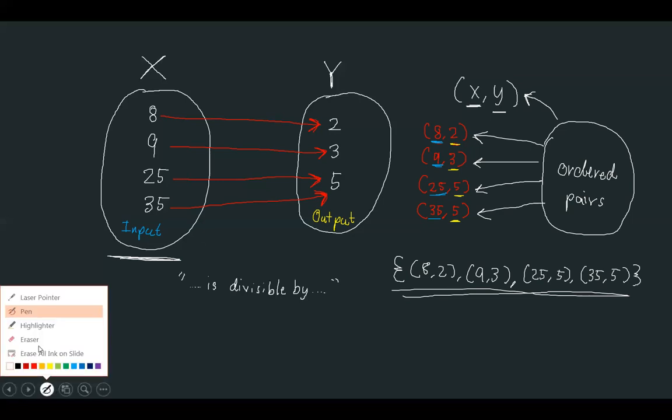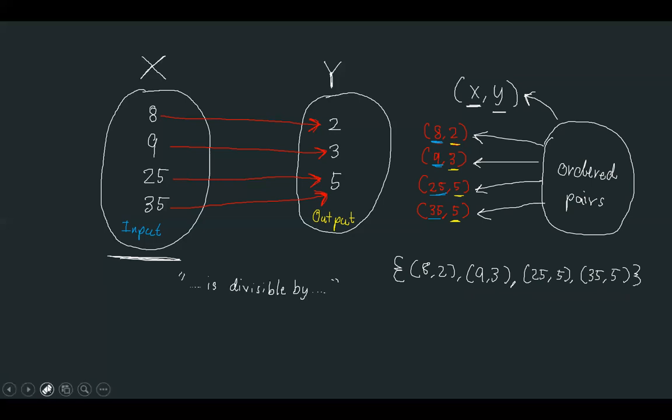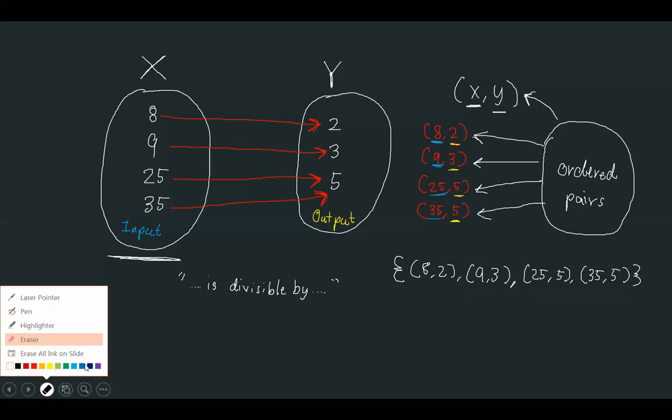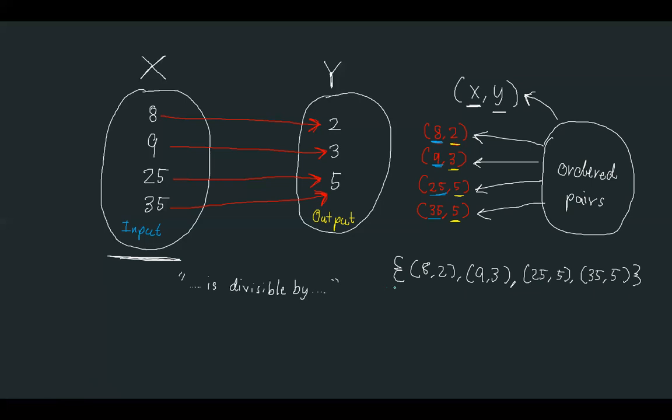So now that I made a collection of these ordered pairs, what do I call this? A collection of ordered pairs, you know. This collection of ordered pairs is what you call a relation.